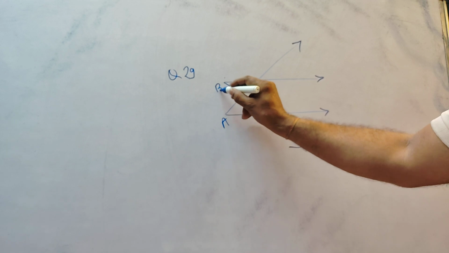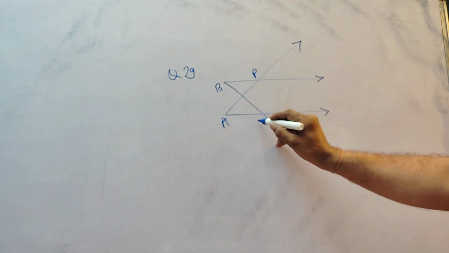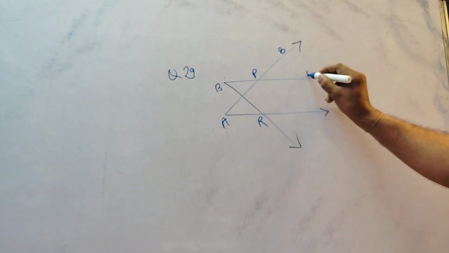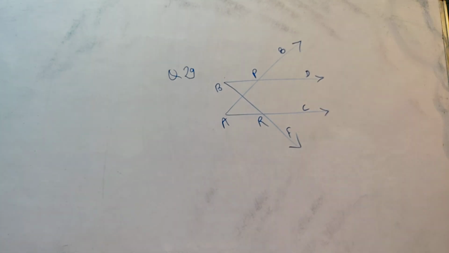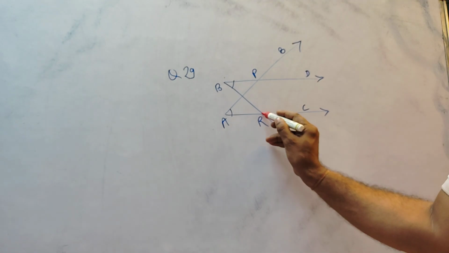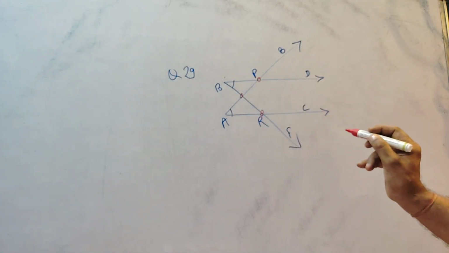There is a figure given with A, B, P, Q, B, D, C, F. So the number of common points in the two angles marked in the figure.